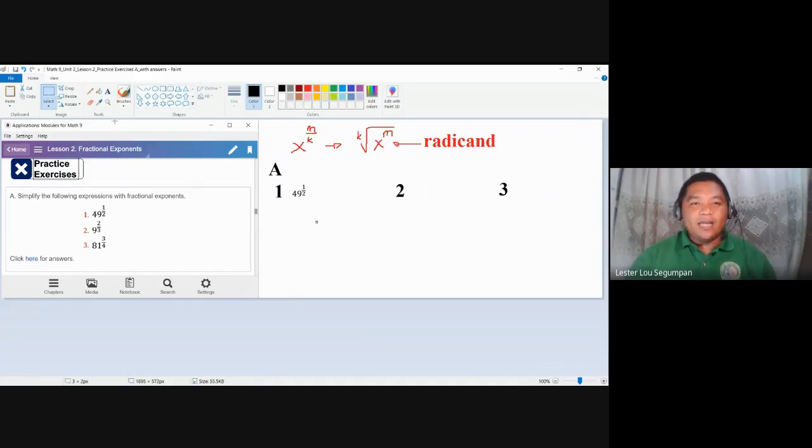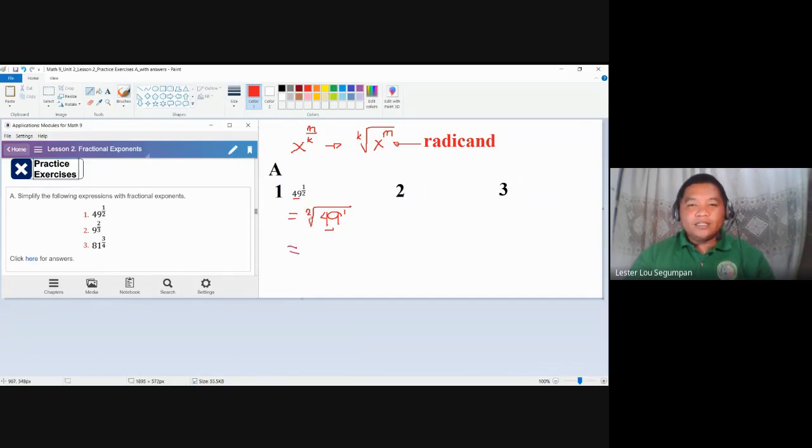As to how, this will be converted into a root of 49. Your base becomes your radicand, the numerator of the exponent becomes the exponent of the radicand, and the denominator of the exponent becomes your index.